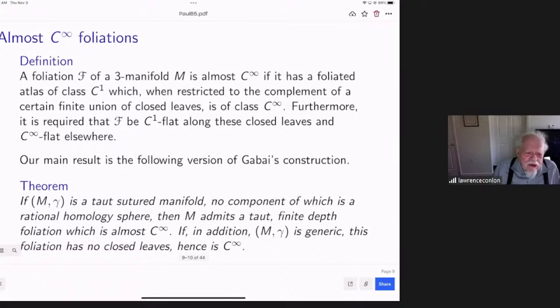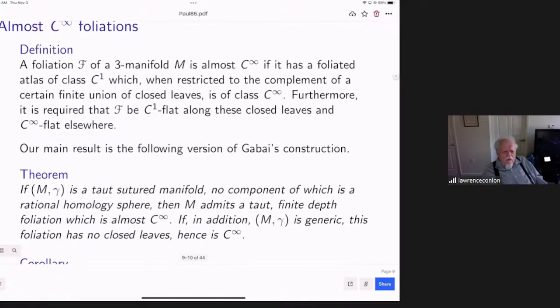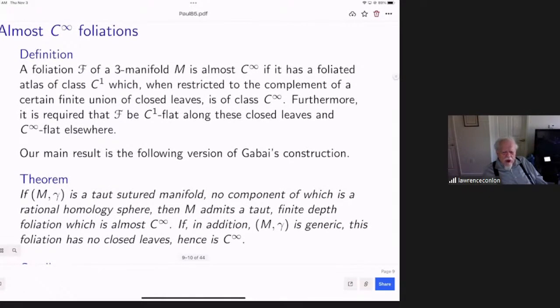So that enables us to state properly the theorem that I stated informally. If (M, γ) is a taut sutured manifold, no component of which is a rational homology sphere, so that there's enough topology to work with, then M admits a taut finite depth foliation, which is almost C infinity.